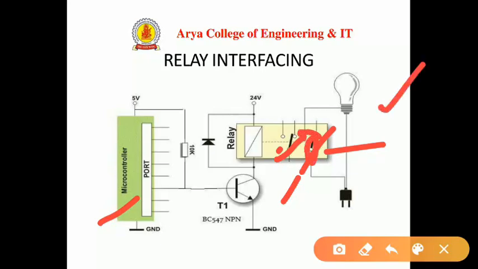So this is a relay interfacing which is connected to the microcontroller board. On a specific pin we will connect to the relay, and we will get the function of the relay on the basis of instructions given by the controller.